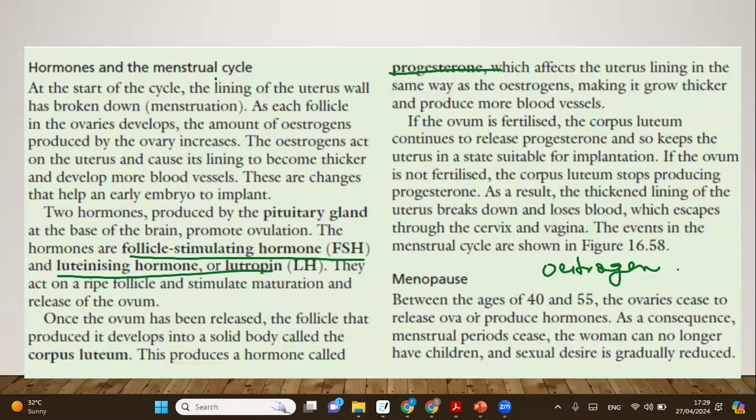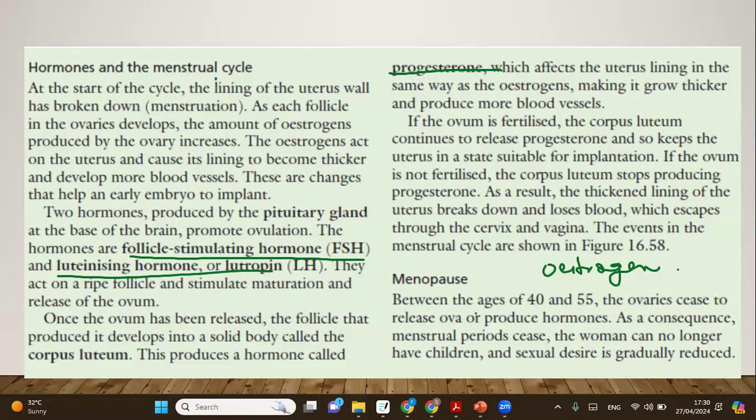Now, these two hormones are produced where? By the pituitary gland. For each hormone, you should not only know its role, but you should know exactly where it is being produced from. So follicle stimulating hormone and your luteinizing hormone both are produced in the pituitary gland. Then we have progesterone and we have estrogen.